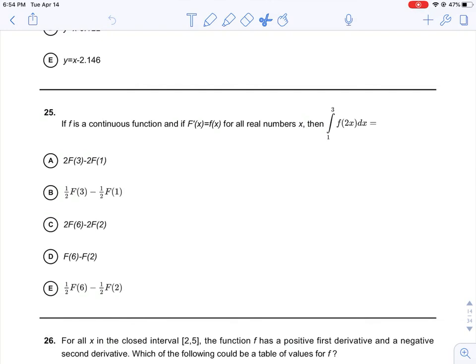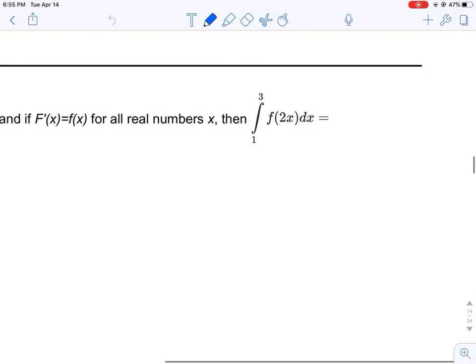25, if f is a continuous function and the derivative of capital F is f of x, so what this is asking us to find is an antiderivative for f of 2x. Well, the antiderivative of little f is capital F because f prime is equal to little f. So it's going to be capital F of 2x, but when you do an antiderivative, if we were to do the derivative of this, our inside function right here, we would have to multiply by 2.